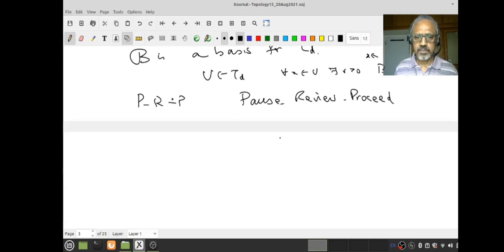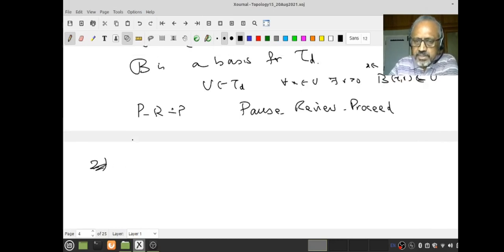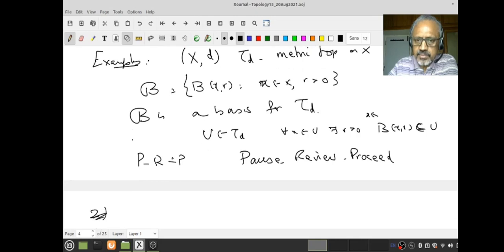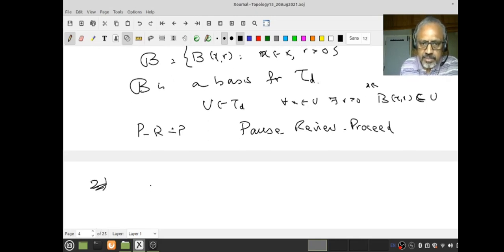This is the first most natural example. The second example is a very special example, but let us look at that. See, the basis may not be unique. For example, I can think of another basis. I'm using the same symbol; if you want, you can call it B2 or B1.